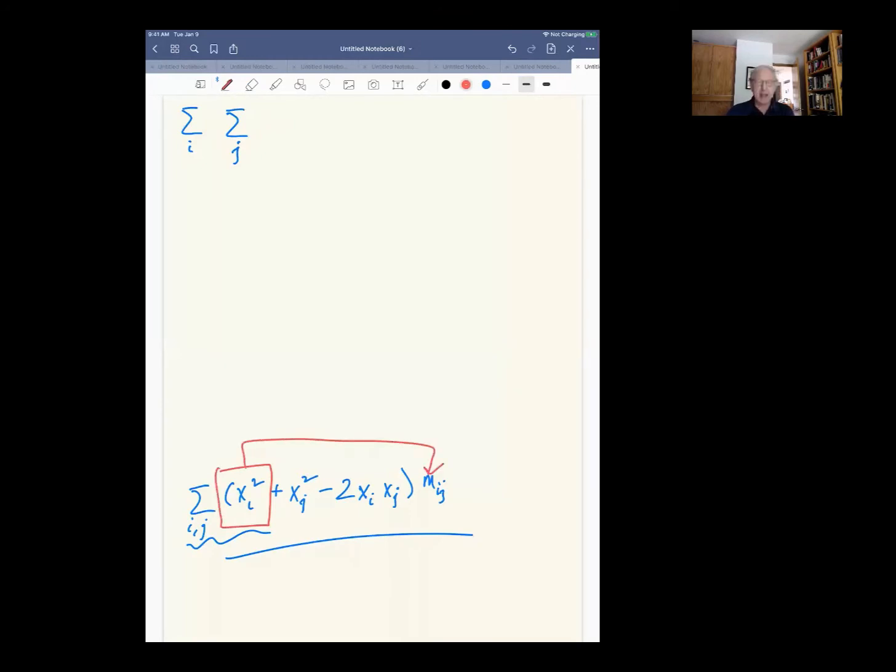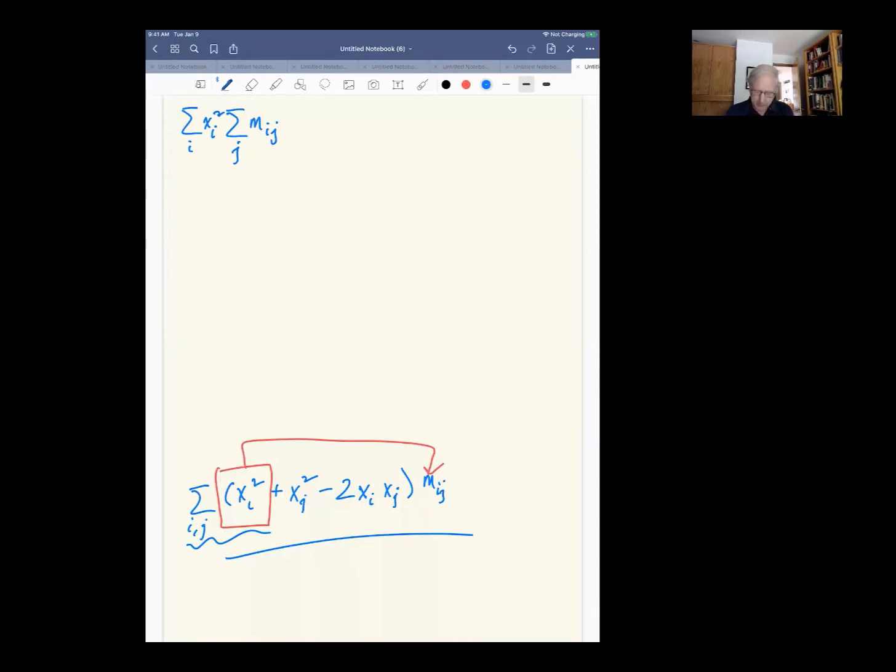So the x_i is obviously dependent on i, but not on j. So what that means is we can pull the x_i² outside the summation over j, and so inside that, we've just got M_ij. Okay, you happy with that?